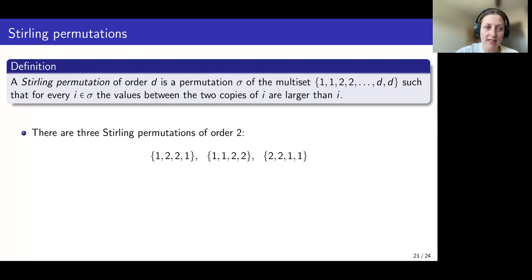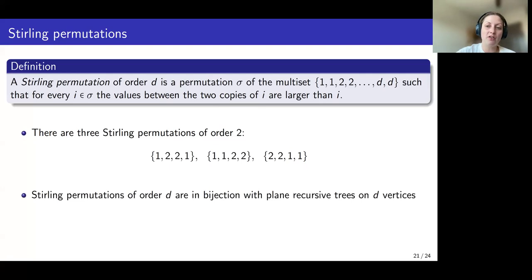Okay, and so there's a nice result that says that these Stirling permutations are actually in bijection with plane recursive trees on D vertices. And so here is a plane recursive tree on D vertices. So what this is, it's a tree, so you start with the root at 0, and then you can append a leaf to it.